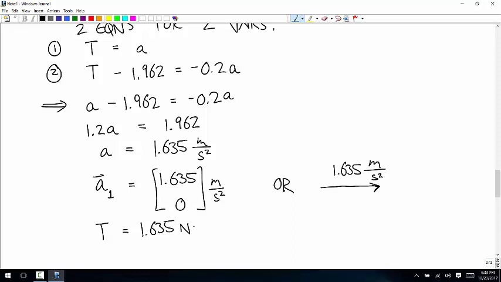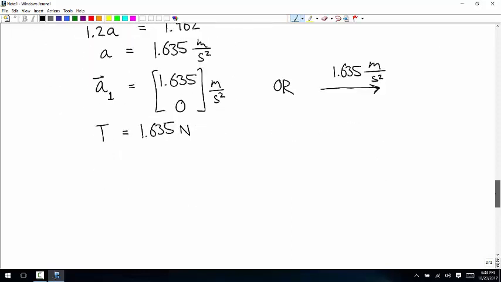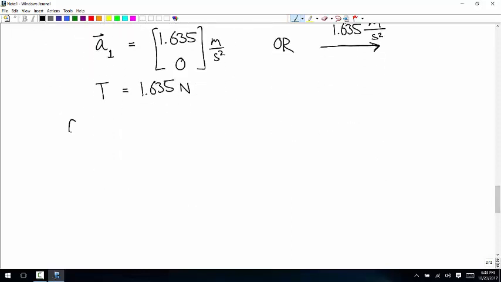Okay. Let's do another similar one. So let's say this time there's a pulley hanging from the ceiling.